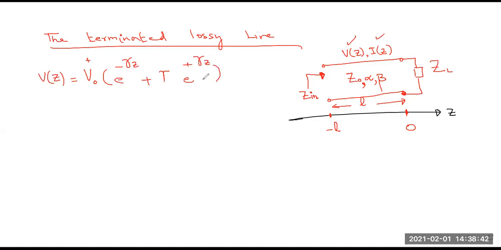When we solved the wave equation for a lossy transmission line, we derived that voltage as a function of position will be according to this expression.